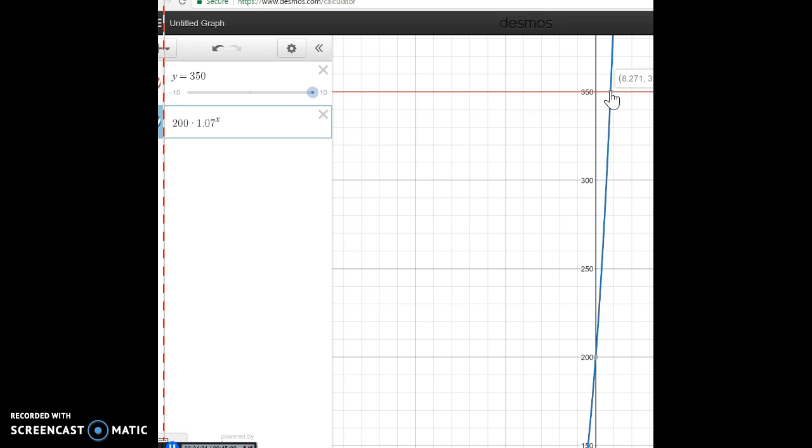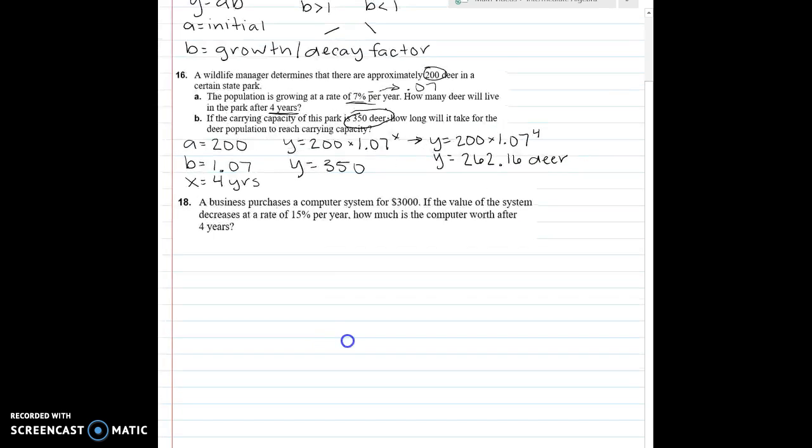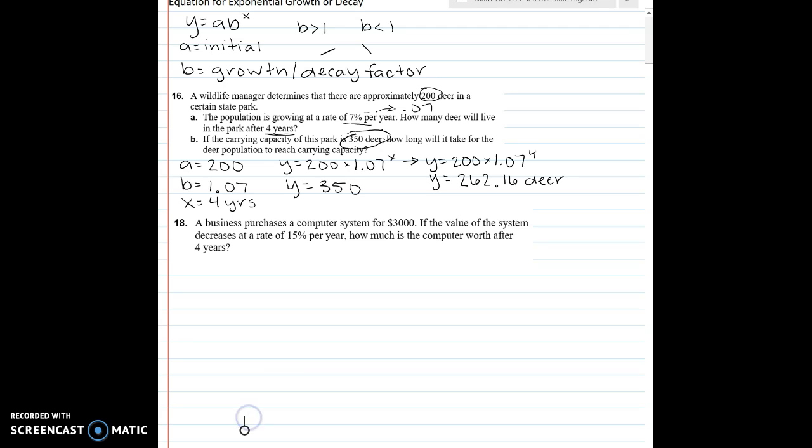So when you're asked to solve that equation, the easiest thing to do is to go into Desmos and graph it. So now that we're back here, in letter B, this is going to happen in 8.27 years.